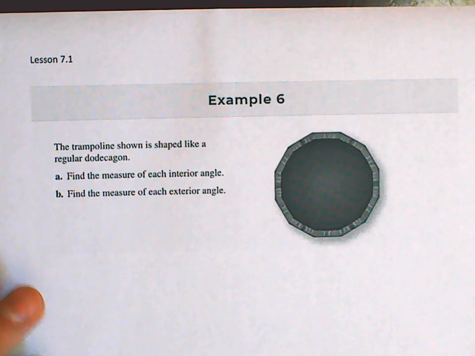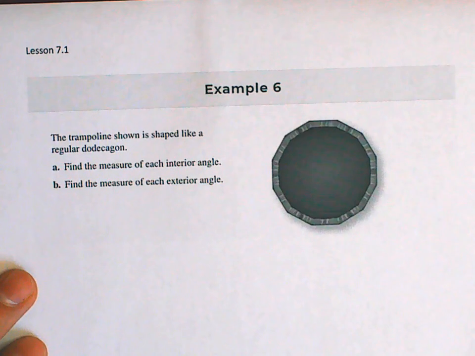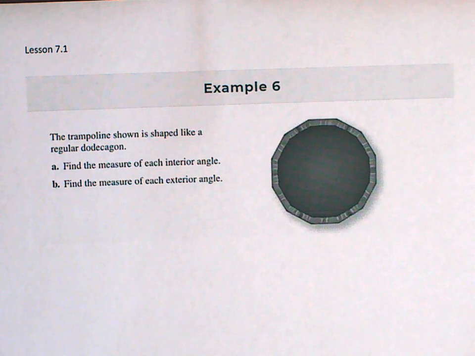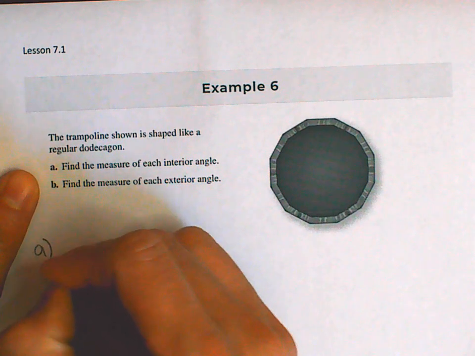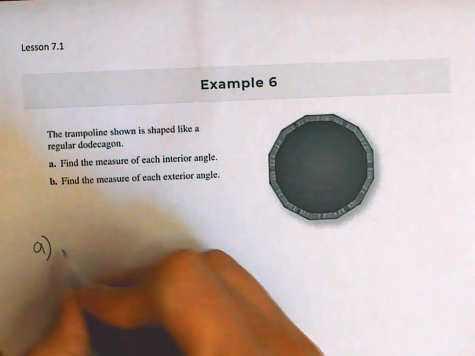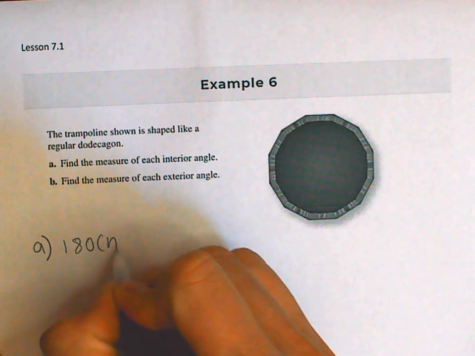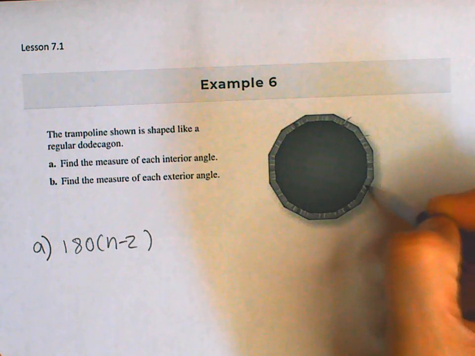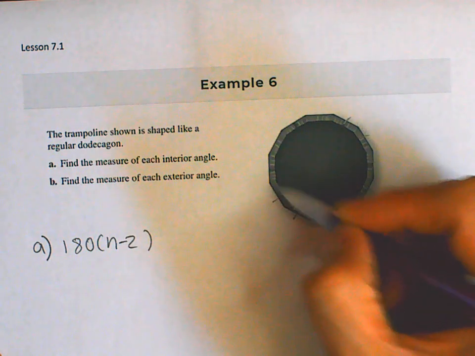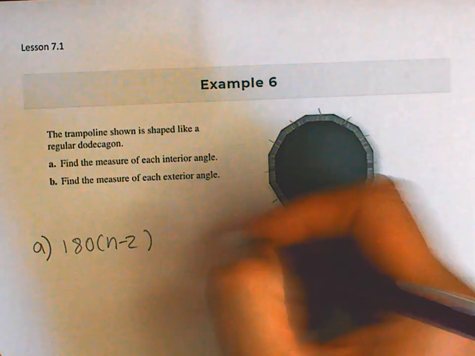Okay, in example number 6, it says the trampoline shown is shaped like a dodecagon. Find the measure of each interior angle and find the measure of the exterior angle. There are different ways that you can do this. You can find the sum of all the angles on the inside to be 180 times n minus 2. A dodecagon has 1, 2, 3, 4, 5, 6, 7, 8, 9, 10, 11, 12 sides.